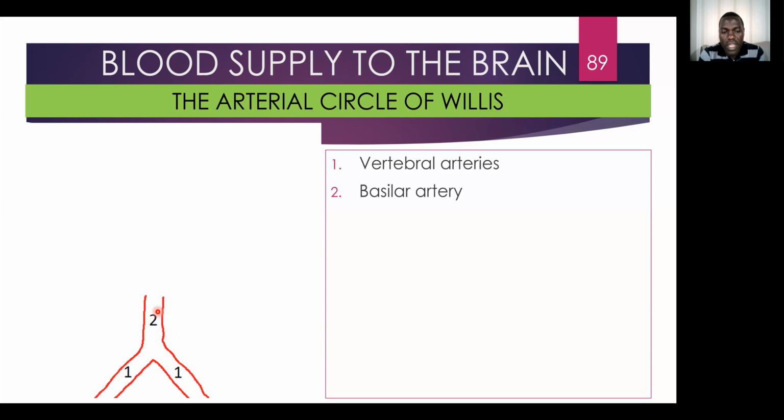And that is why that system is called the vertebrobasilar system. The vertebrobasilar system is one of the systems of arteries that supply the brain, largely responsible for supplying the posterior part of the brain. And so we call the vertebrobasilar system the posterior circulation.